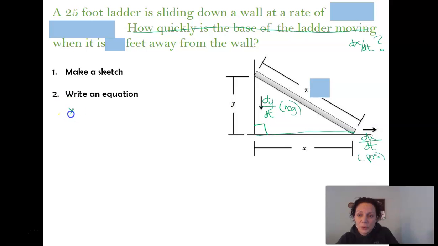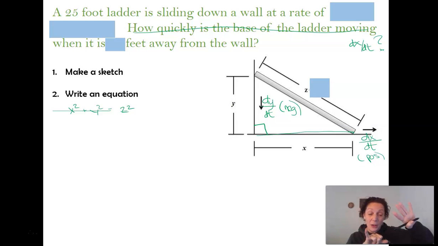It has to be true that x squared plus y squared equals z squared. There's my equation. That's how x and y are related. Now, it also happens I need z. If they didn't give it to me, then hopefully they gave me enough information to figure it out.